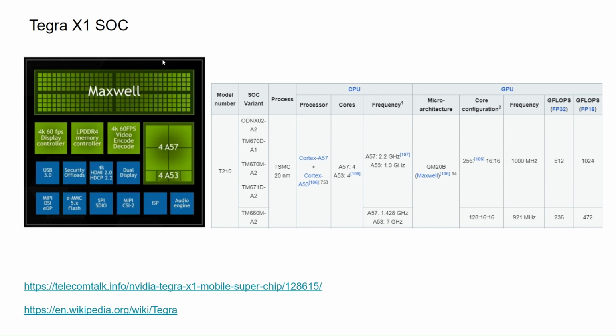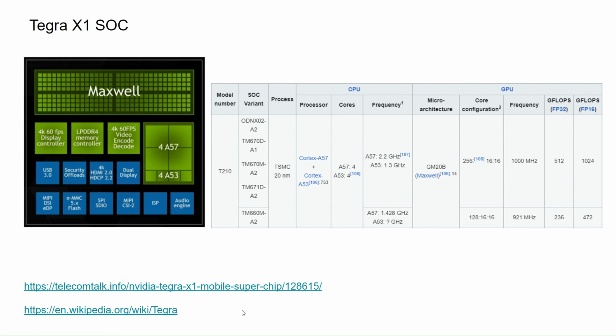In the Tegra SOC, here we are speaking about the Maxwell architecture GPU, which we can see over here, and here it speaks with respect to the flops which are available. And here the A57 and A53 are the CPU processors used by this particular Tegra X1 chip. So the information can be seen in both of these links.